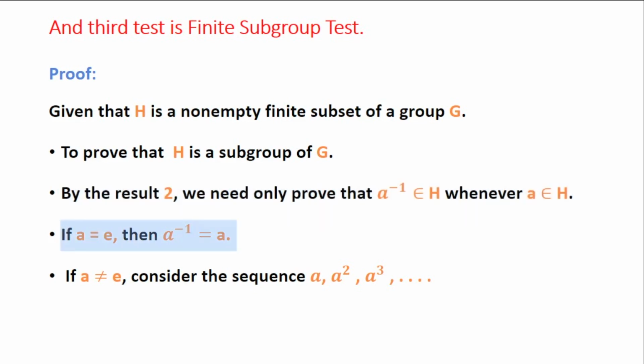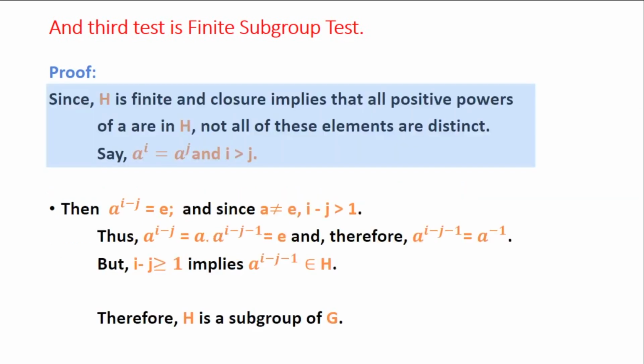If a is equivalent to e, then a to the power minus 1 is also equivalent to a. If a is not equivalent to e, consider the sequence a squared, a cubed and so on. Since H is finite, and closure implies that all positive powers of a are in H, not all of these elements are distinct.